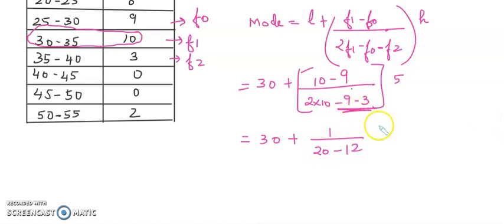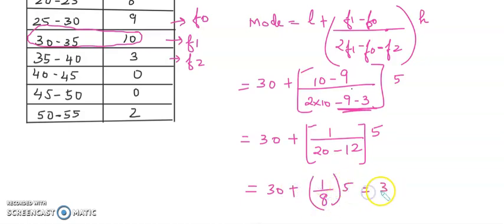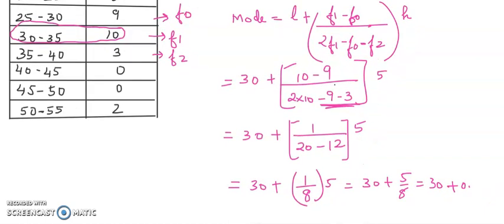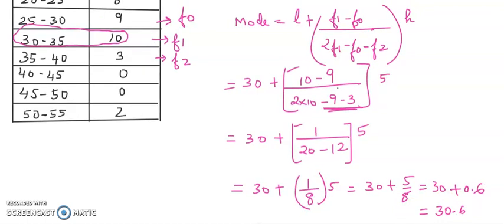Because minus 9 minus 3 will add up to give us 12. That will be 30 plus 1 over 8 times 5, which is 30 plus 5 over 8, which is 30 plus 0.6, and that is equal to 30.6. Clear? This is multiplied by 5, not raised to 5.